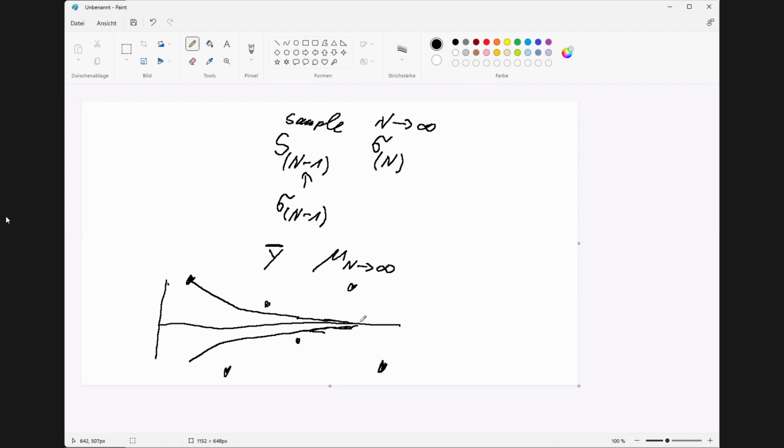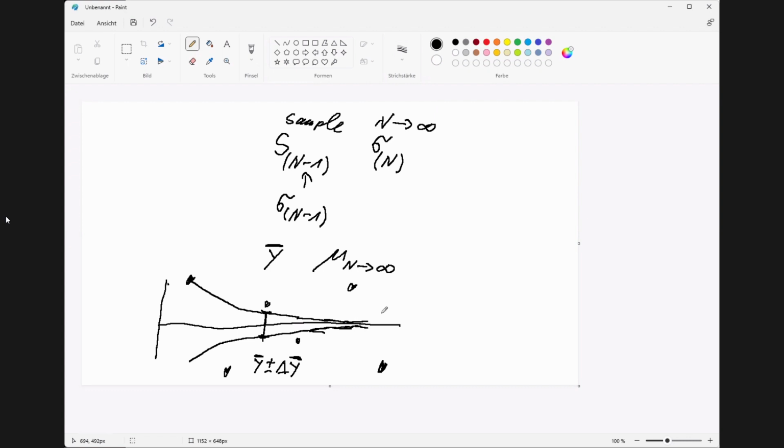It's difficult to draw. When you stop your measurement here, you have a mean plus minus a delta mean. And this delta will be smaller and smaller when you have more measurements.